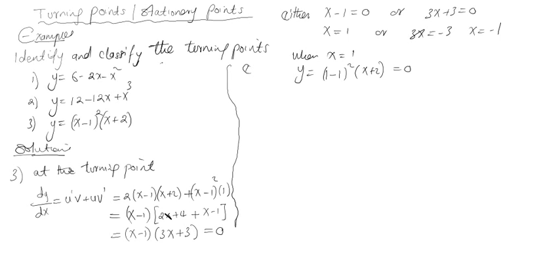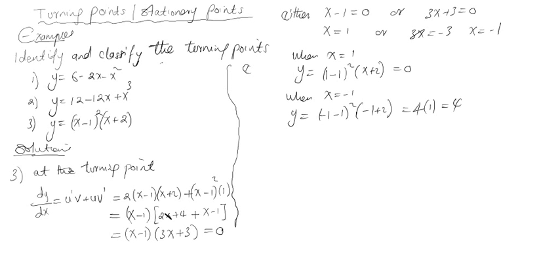When x is equal to negative 1, what is y? y becomes (minus 1 minus 1) squared multiplied by (minus 1 plus 2). What does it give us? This is minus 2 squared, which is 4, multiplied by 1 gives you a 4.